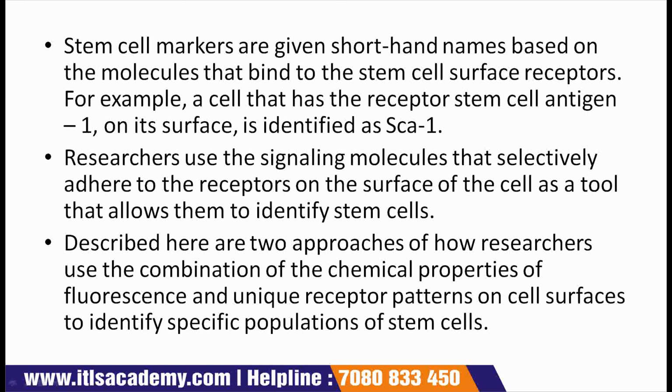Coming to our next point, stem cell markers are given shorthand names based on the molecules that bind to the stem cell surface receptor. If this is our stem cell and this is a receptor present on the surface of this cell, the molecule that will bind with this receptor will be known as a surface cell marker, or in the case of a stem cell, a stem cell marker.